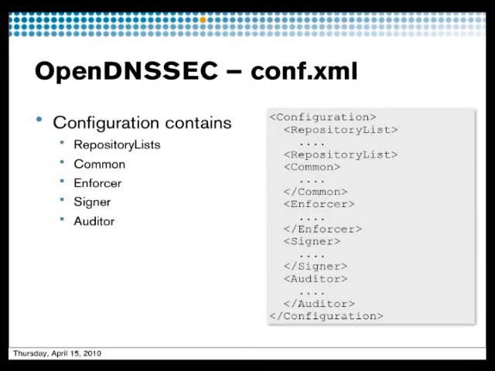Then we have some information for the enforcer, signer, and auditor. And for all of them, you can run them under different privileges. But you can also configure, for instance, that the signer should use 8 workers, which means that we can handle 8 zones simultaneously, but if we have more zones than 8 that won't be signed, then they are queued up and will be signed once those 8 are finished.